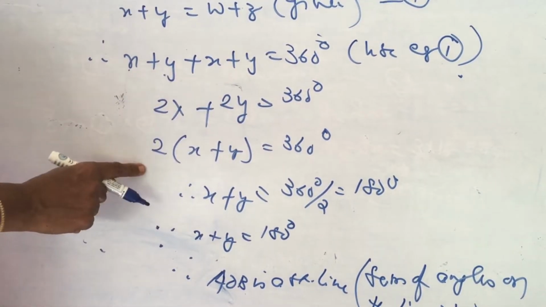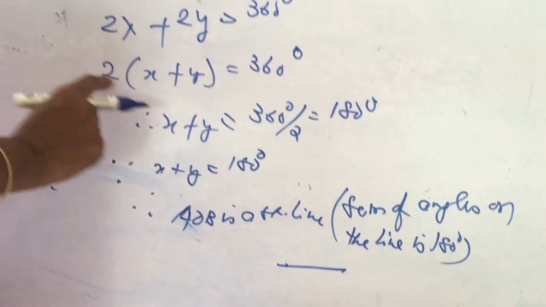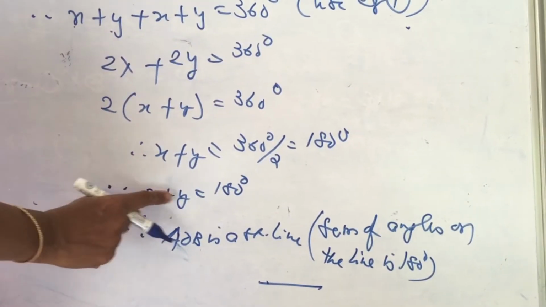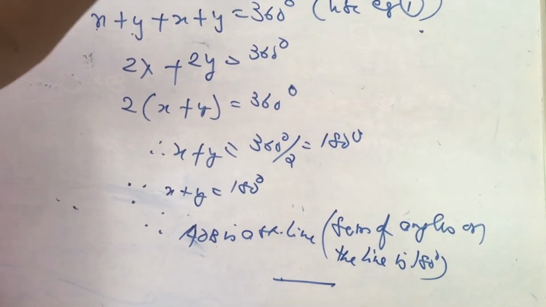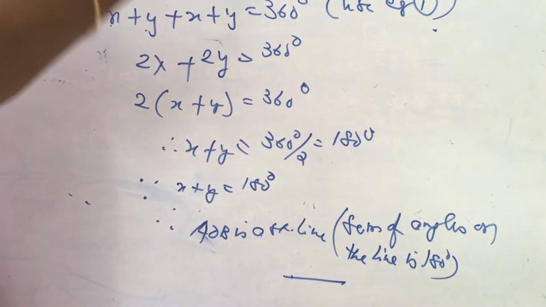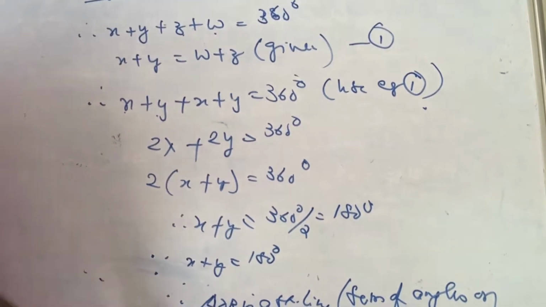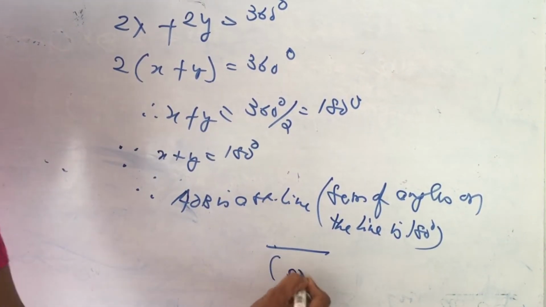Common number 2. x plus y is 360 by 2. What will happen to this 2 when it goes to the right side? 180. Therefore, x plus y is 180. If the sum of the angles is 180 degrees, you can call that line a straight line. Therefore, AOB is a straight line and it is proved.